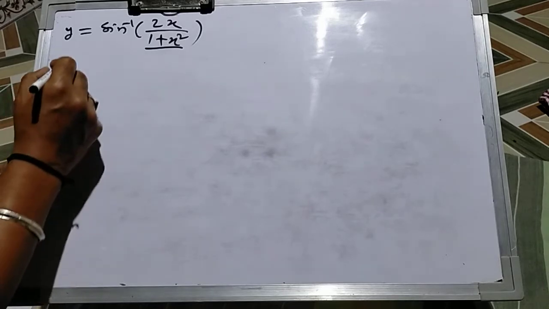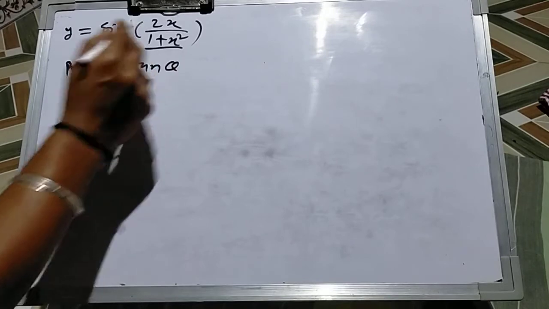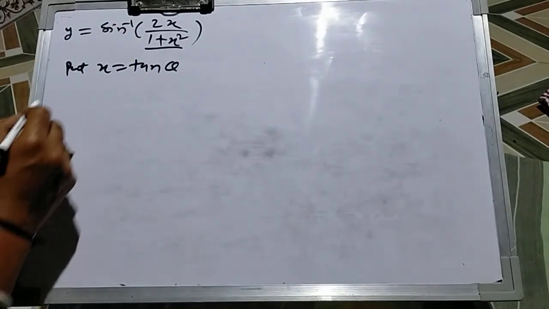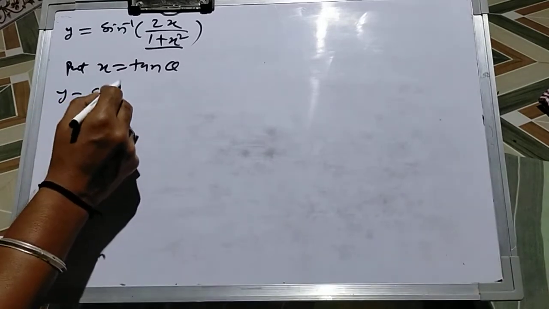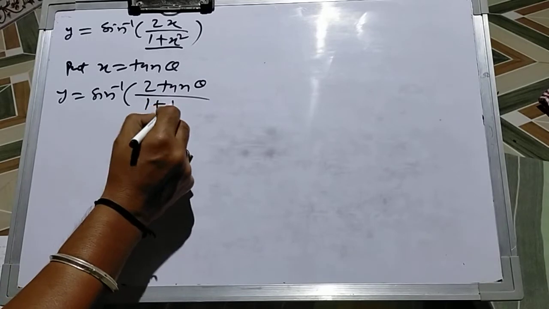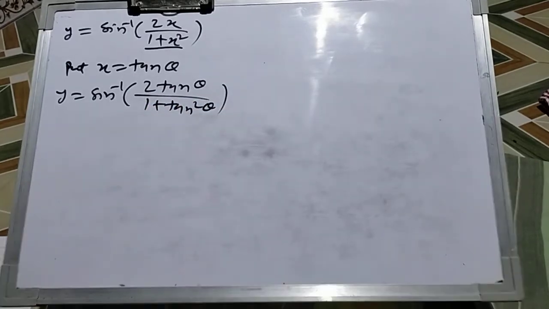So here put x is equal to tan of theta. So y is equal to sin inverse of 2 tan theta divided by 1 plus tan square theta.